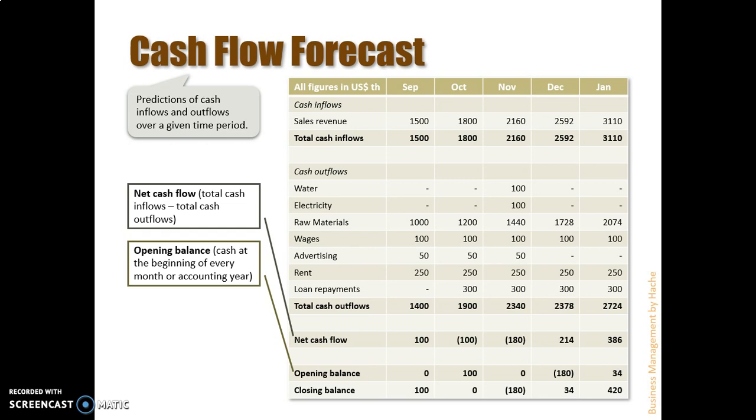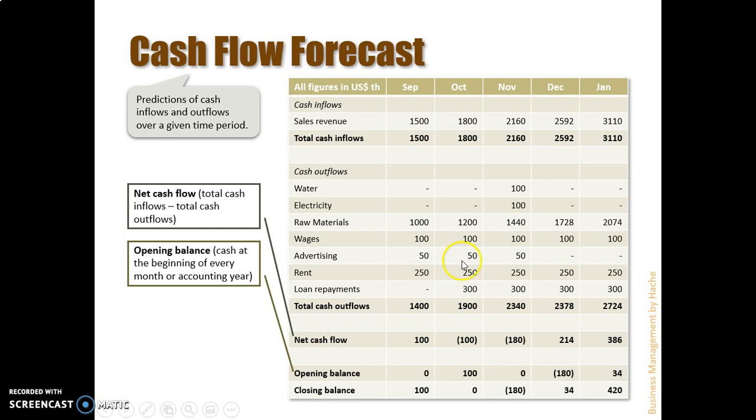But when the month started, probably you had some cash from the previous month. So if that is true, then you have cash in your opening balance, and you should include that in your calculation. In this example, we assume that the business is just starting. Because it's just starting, there is no previous cash, so the opening balance is 0.